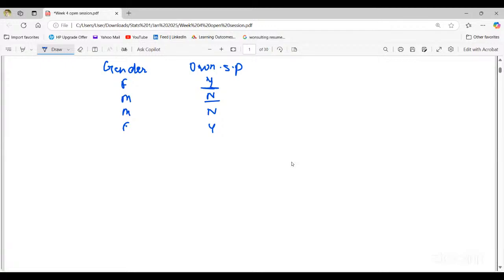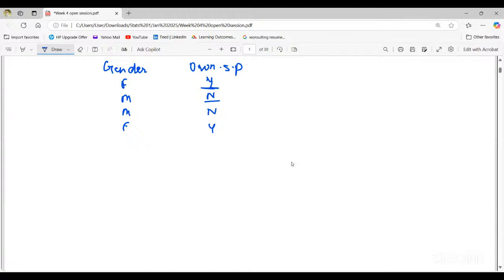Nominal is a kind of categorical variable, and this topic is the association of categorical variables.